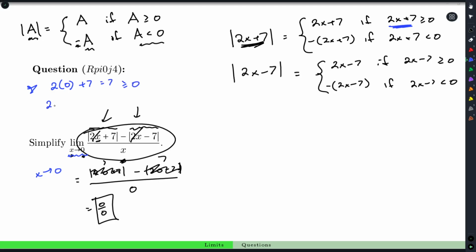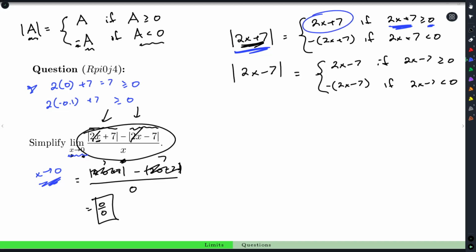So even if we put in something that was close to 0, you're still going to get something that's positive. This is the way we think through limits, right? This is not rigorous or exact or precise calculation. This is me thinking through and understanding limits. Near 0, 2x plus 7 is greater than or equal to 0. So when x is near 0, I can replace the absolute value with this formula here.